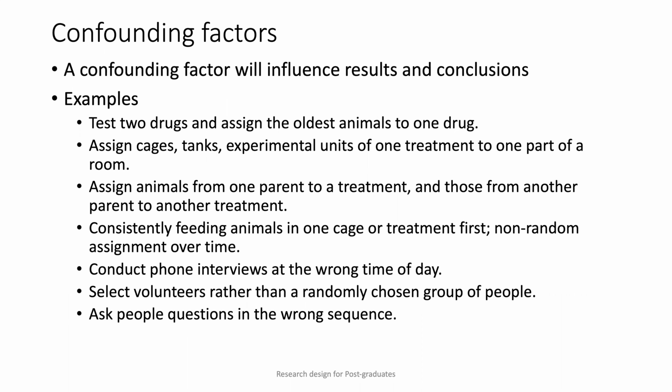Here, I've given you some examples, for example, assigning cages and experimental units to one part of the room incorrectly, or to feed some animals first and then some other animals later and do it consistently the same. Then you don't know whether you're actually testing what you wanted to test or whether you're testing the feeding.